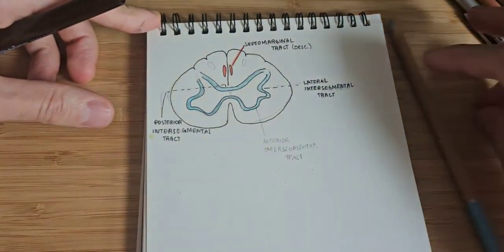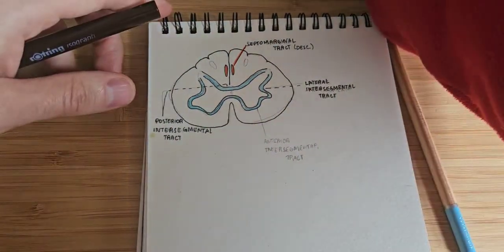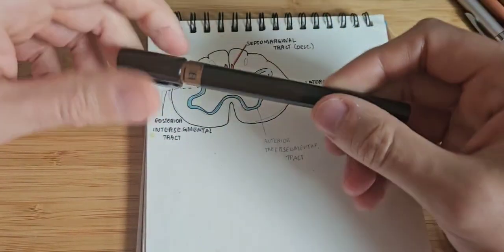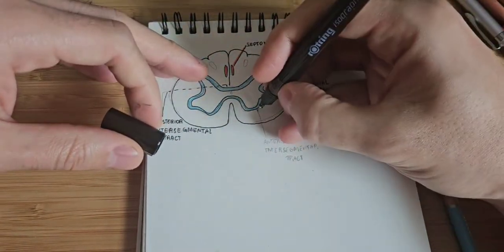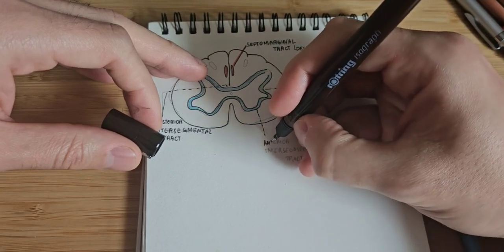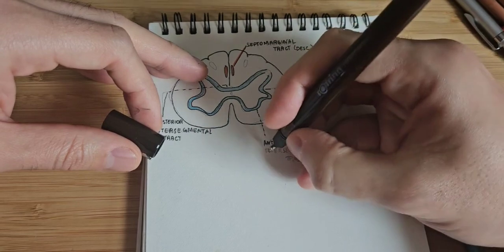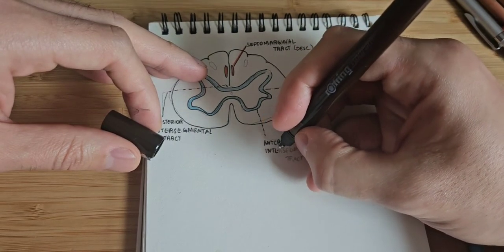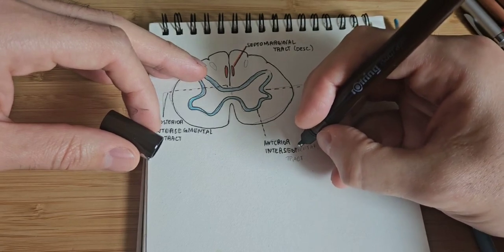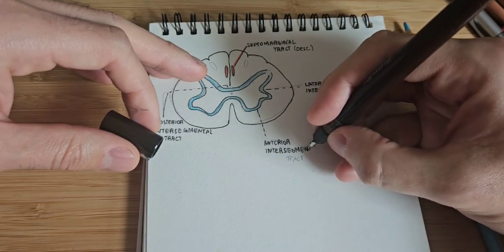So this is the lateral tract, and then we have the anterior intersegmental tract, which is this one here. Anterior intersegmental tract.